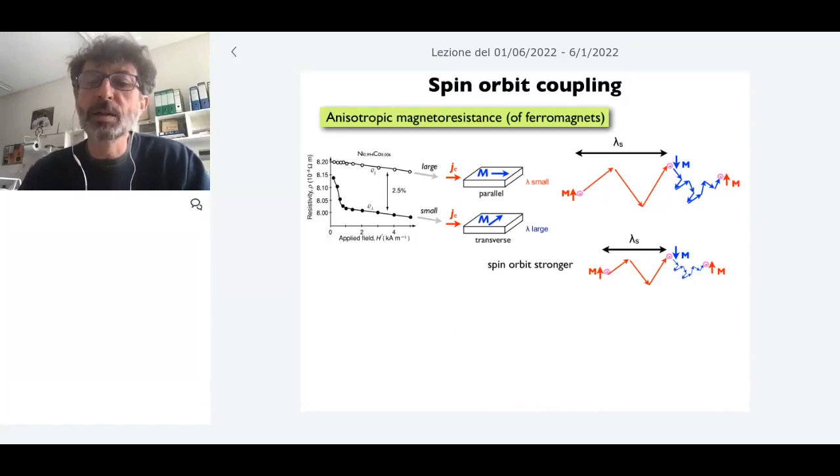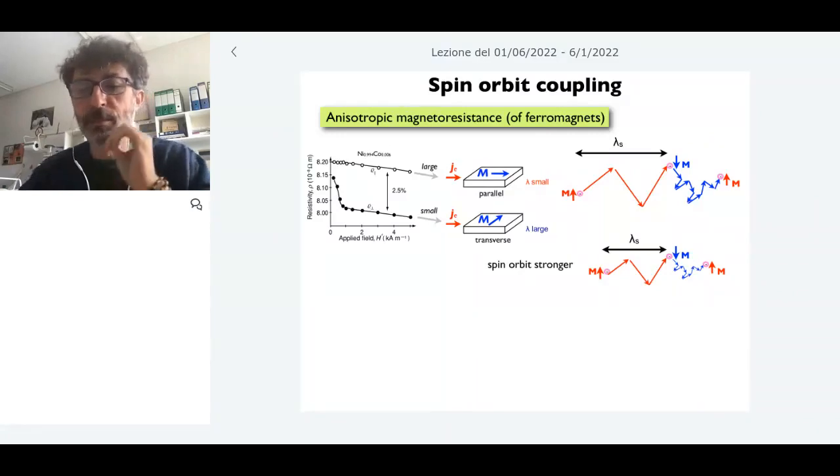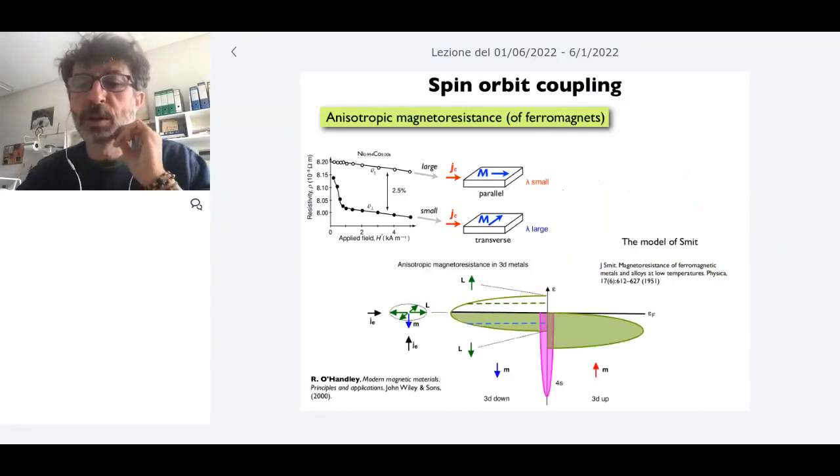Because it's not any cyclotronic orbit that is generated by the fact that we have magnetization either parallel or transverse, but the fact that in one case, the spin-orbit is a little bit stronger for the electron that diffuses in that direction. And then the mean free path is smaller. And the smaller mean free path can be associated with a smaller resistivity.